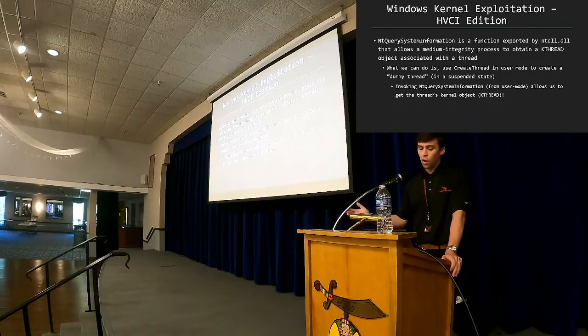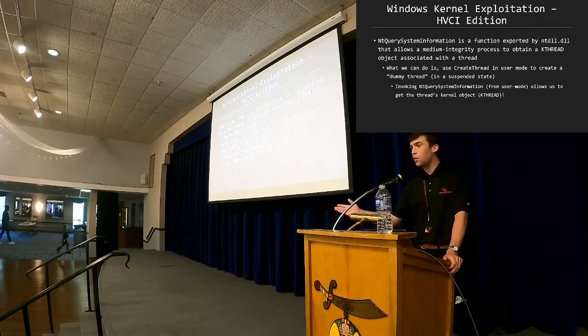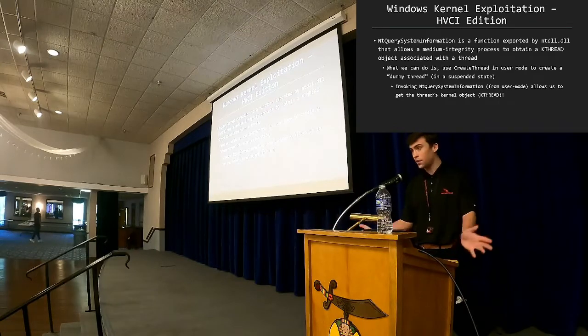Then we can call NtQuerySystemInformation, which is accessible from user mode, and that would give us the KTHREAD object associated with that thread. And a KTHREAD object, as it infers by the first letter in the name, K, kernel, is the kernel mode representation of a thread. A thread is an object that's managed in the kernel. So basically, we can leak a KTHREAD object from the kernel of any thread we create in user mode, by design.